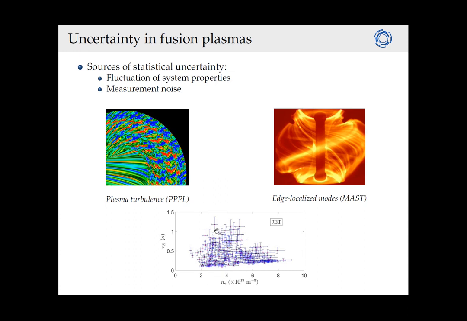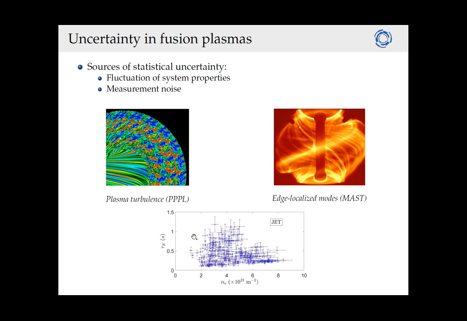And these are measurements, so each point is a measurement from the fusion device JET, the largest fusion device up to date, of the confinement time versus the density. Very difficult to see a specific pattern, the main reason being that there are also other variables that influence the confinement time. This is presently not the point here.